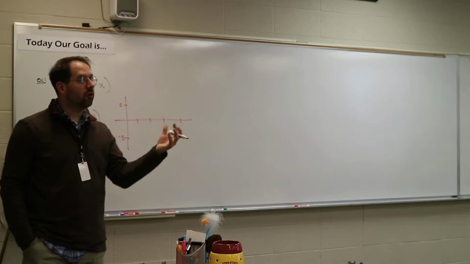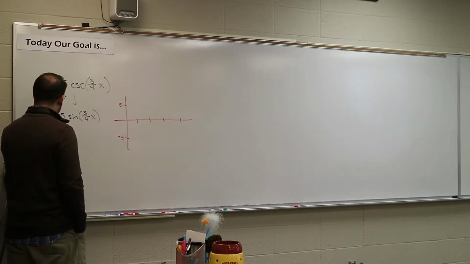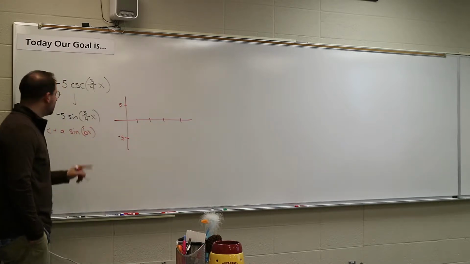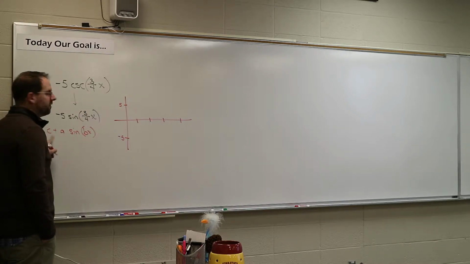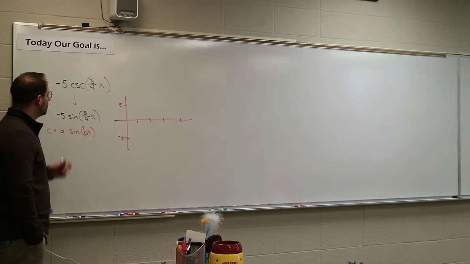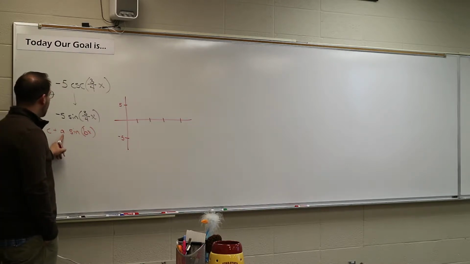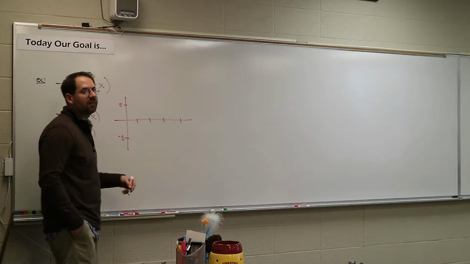The number out front is the amplitude number, because this is the basic lettering that we've been using all week. A affects amplitude, B affects the period, C affects the shifting of your center line or the origin line, whatever I call it. So A is affecting amplitude. That's my -5. So I'm going to hit a peak and valley of 5 and -5.